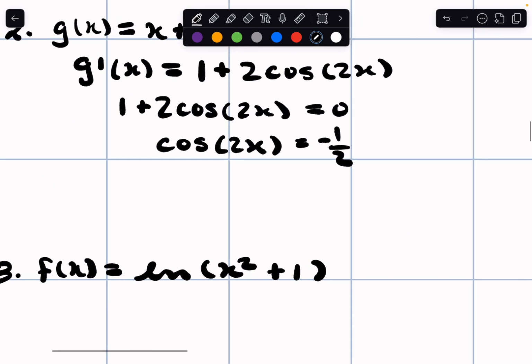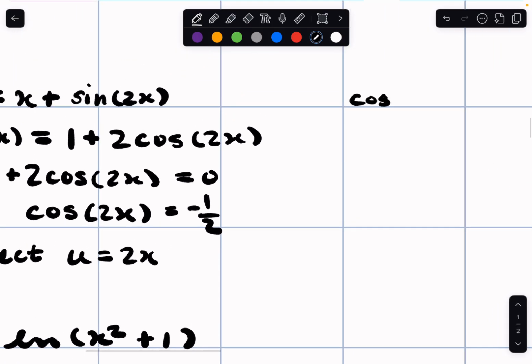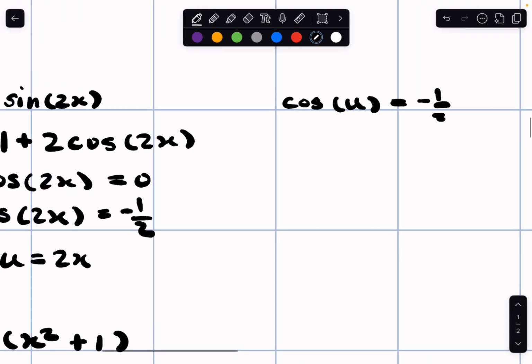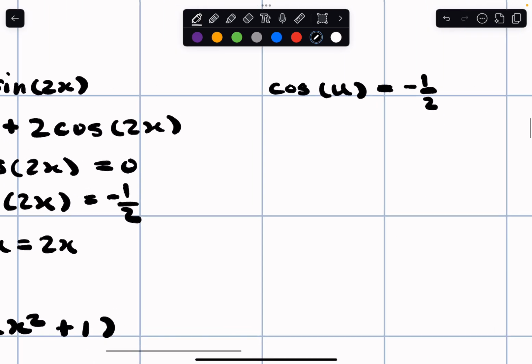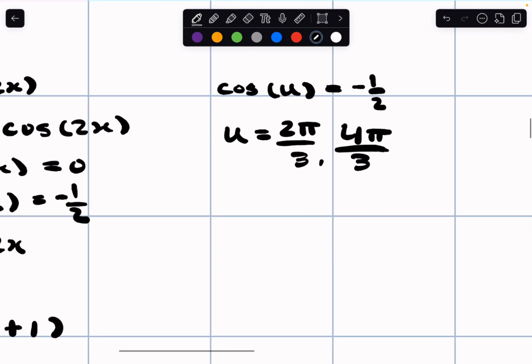And then in order to make this easier, we'll let u equal 2x, so we can place u in place of 2x inside the cosine. So cosine of u is equal to negative 1/2, and we're doing this from 0 to 2 pi. So we'll have u is equal to 2 pi thirds, 4 pi thirds, and that will be it.